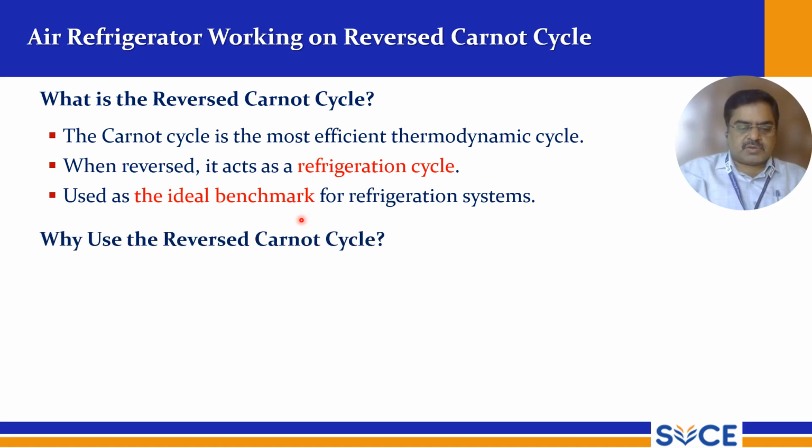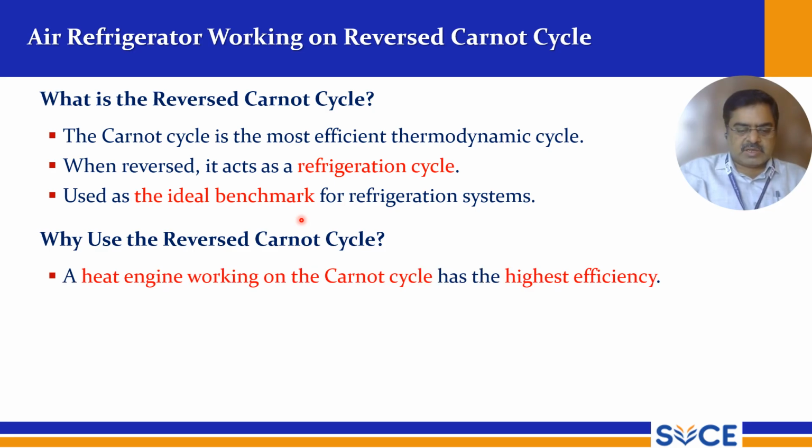Why do we use the reversed Carnot cycle? Because a heat engine working on the Carnot cycle has the highest efficiency, theoretically only. Theoretically, we have the highest efficiency when we use the Carnot cycle in a heat engine.